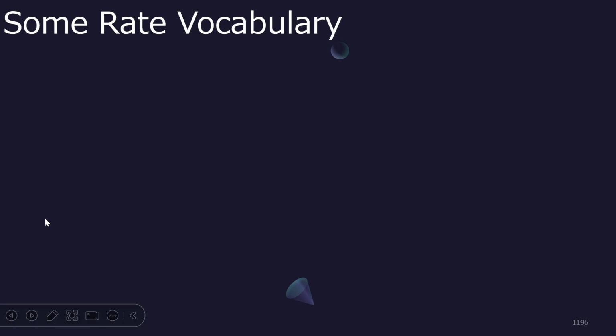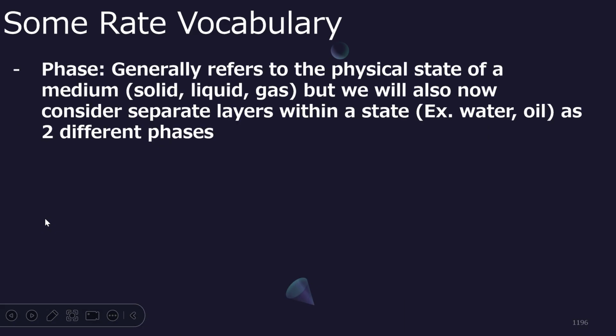So some vocabulary that goes along with what we're going to talk about next. Phase. This generally refers to the physical state of a medium. You would have learned this back in like topic 1.1, I think. States of matter: solid, liquid, and gas. Those are also known as phases, but we'll also consider separate layers within a state now.